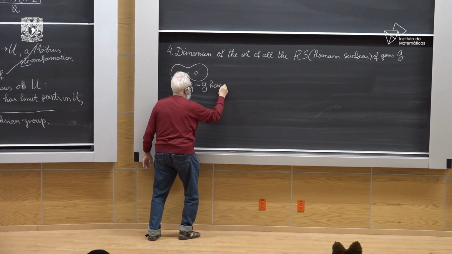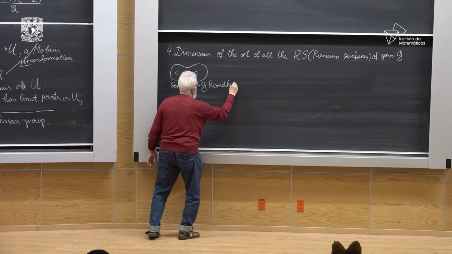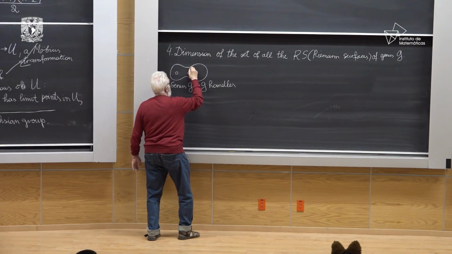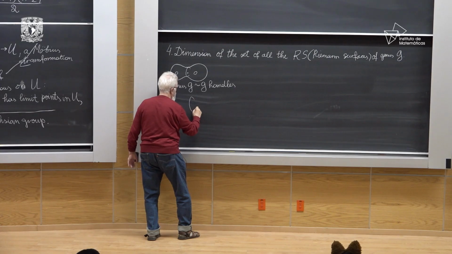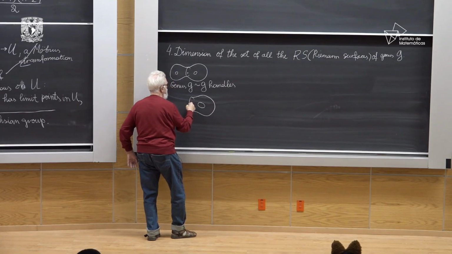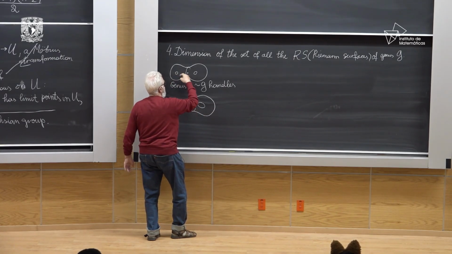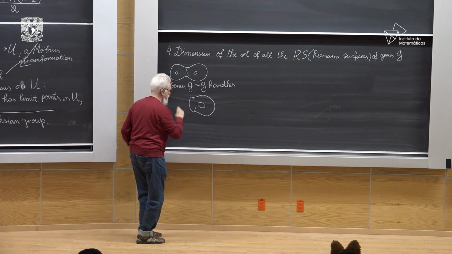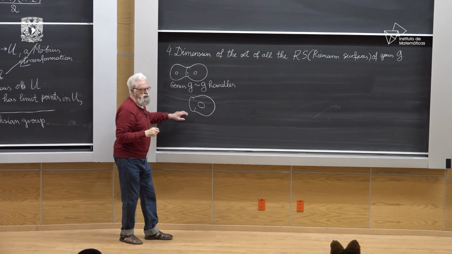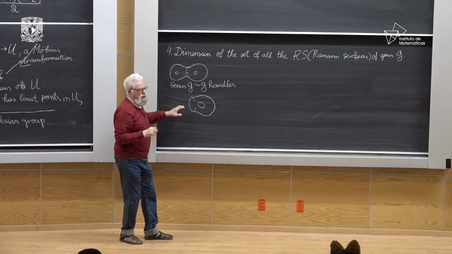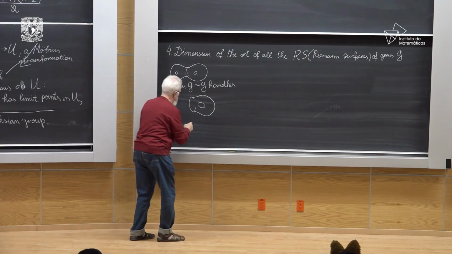Like this. A handle is a torus with a hole glued to the other handles, or in general to the Riemann sphere with G holes.